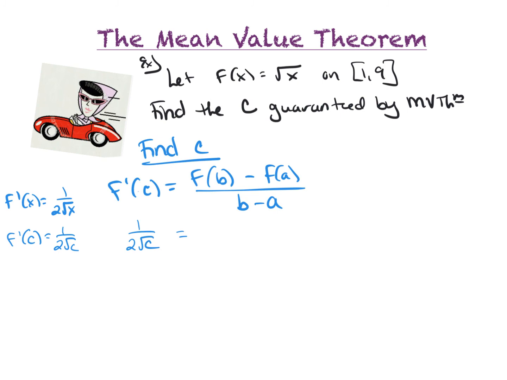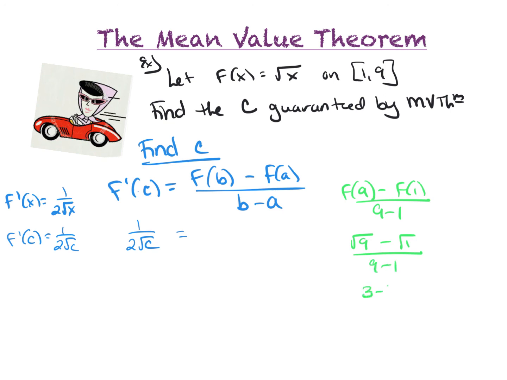On the right-hand side, f of b minus f of a, so that would be f of 9 minus f of 1 over 9 minus 1, b minus a. Let's see, f of 9 is the square root of 9. f of 1 is the square root of 1, over 9 minus 1.